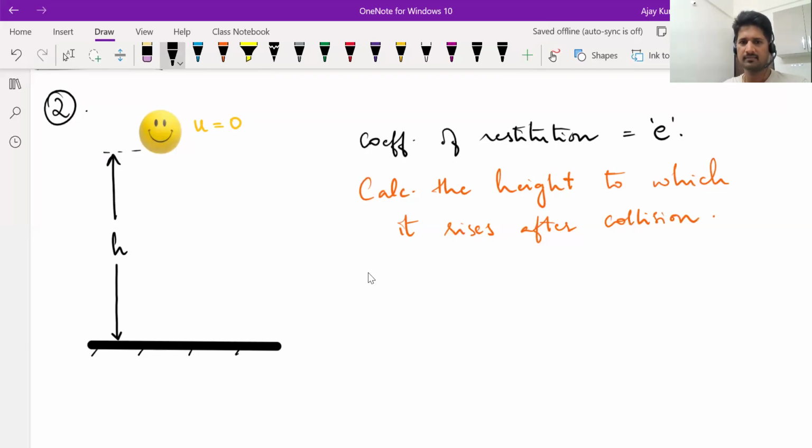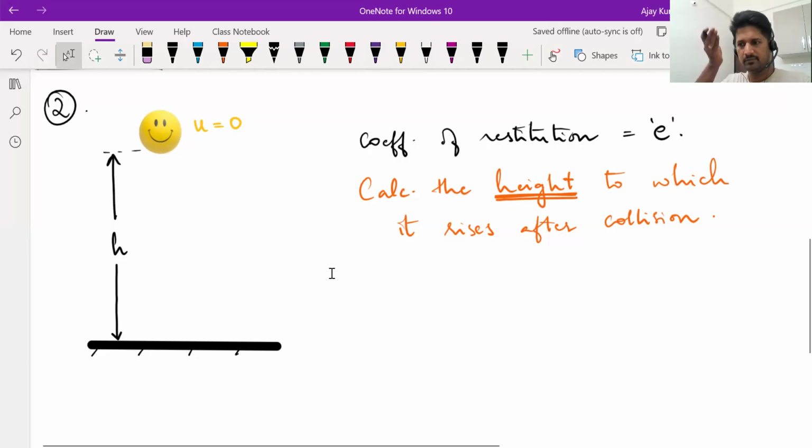Okay, listen. You are asked to calculate the height to which the ball is going to rise. Can one of you tell me on what factors does the height to which an object rises depend? The maximum height, the force applied to it while it's thrown.